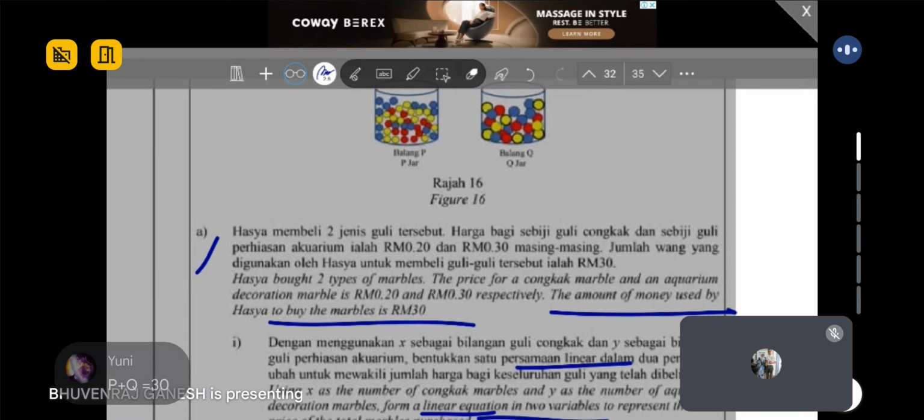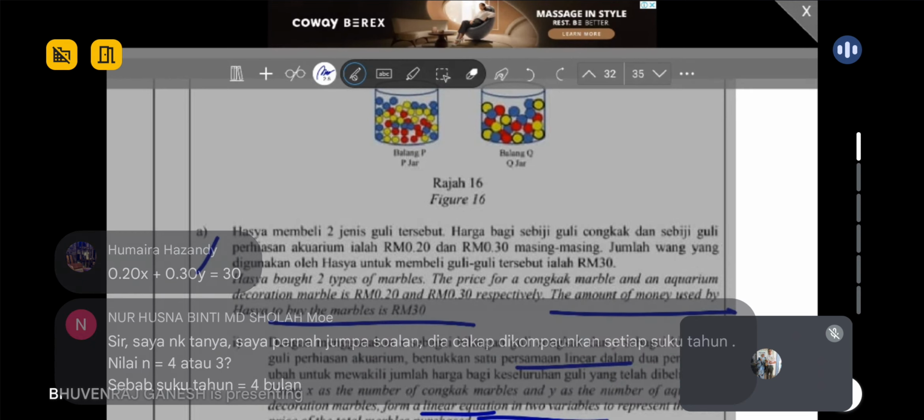Guys, you must use all the information given. Now we are comparing the cost. Am I right? So RM30 means that you must compare these two also. Kamu kena bandingkan cost dengan cost. Yes, very good Samantha. 0.2x plus 0.3y equal to 30.